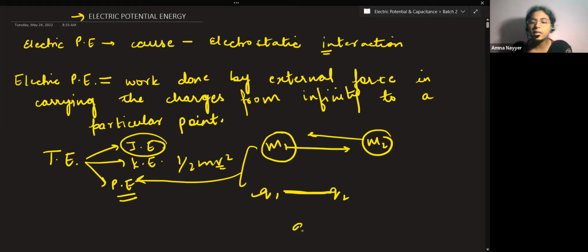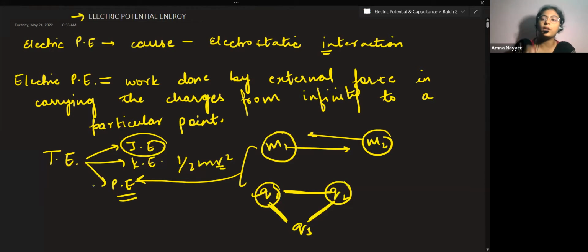If I bring a third charge, Q3, there will be energy associated with Q3. Q3 will be interacting with whatever charges are present, and that number of energies you will get. Q3 is interacting with Q1 and Q2, so you will have two energies.